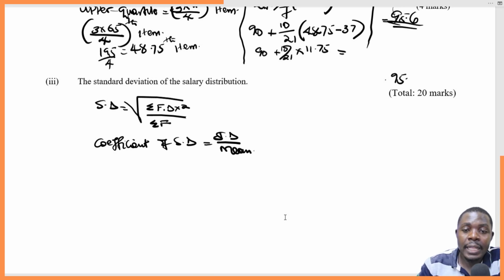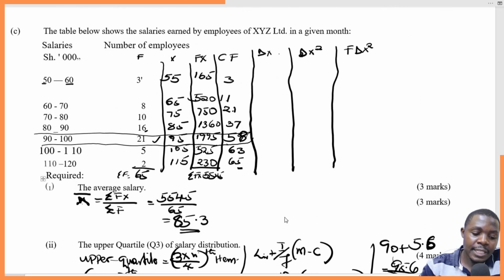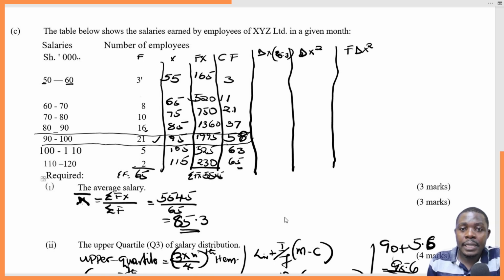Now let's calculate dx. At this point we quote the mean as 85.3. The values for x are the values we are considering, not the mean. It is 55 minus 85.3, you get negative 30.3.